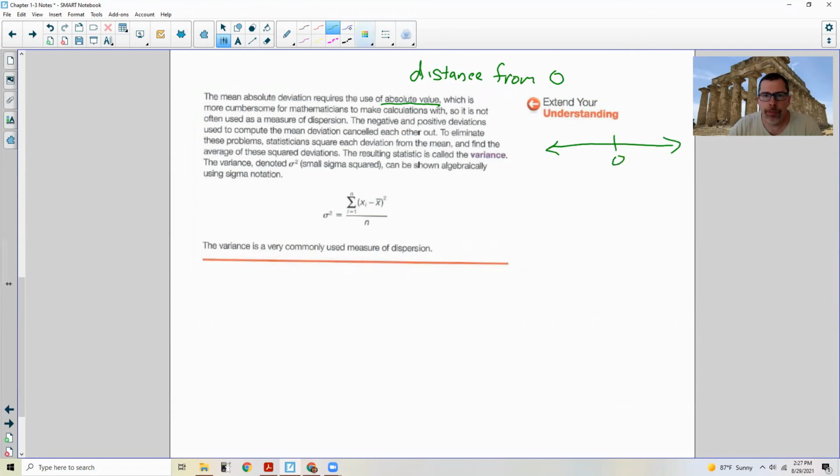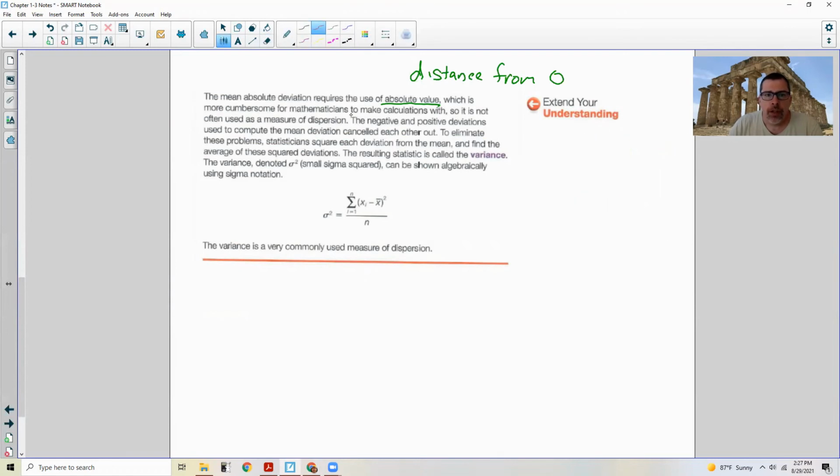Here's 0. If I come over here to -2, the absolute value of -2 equals the distance it is from 0, and it's 1, 2. So the absolute value of -2 is 2. If I chose a value over here and called it 3, how far is that from 0? 1, 2, 3. So the absolute value of 3 is 3. So there's a quick recap of absolute value.